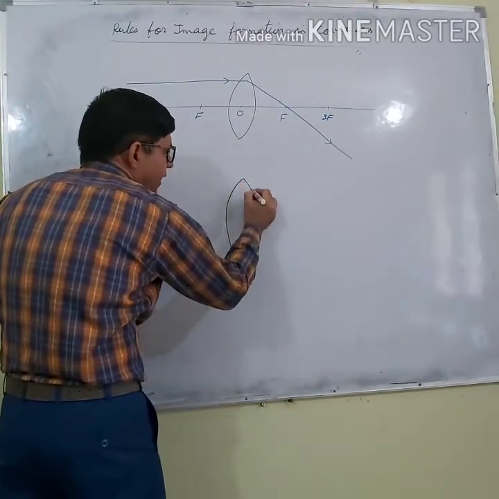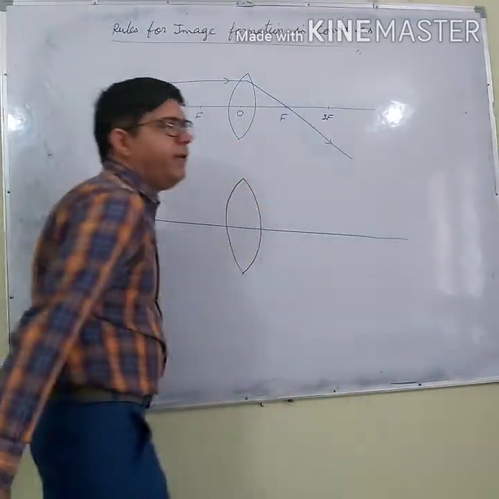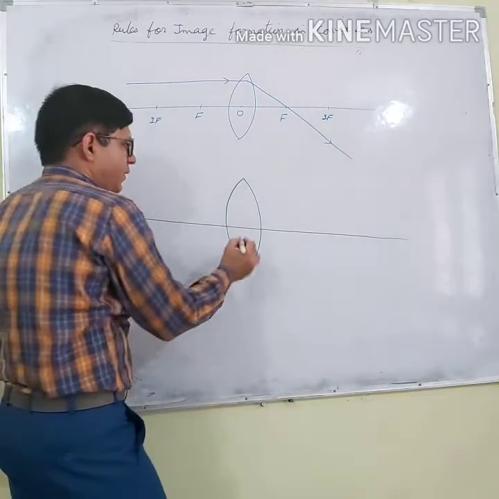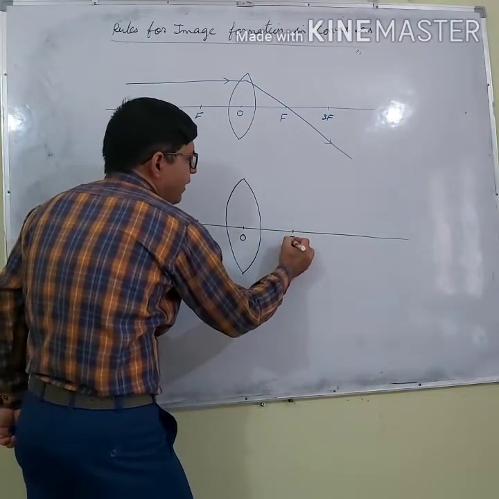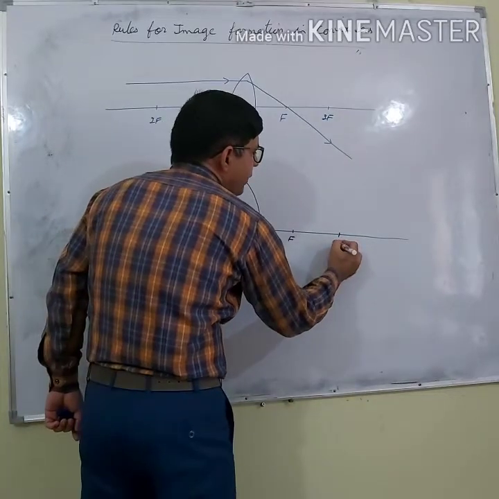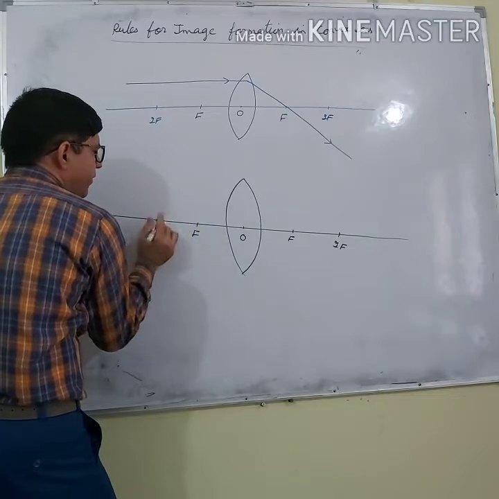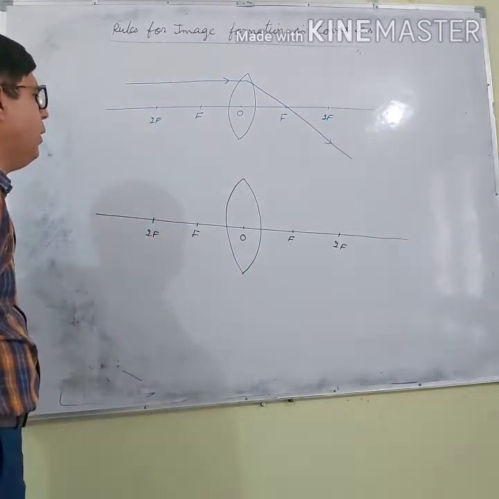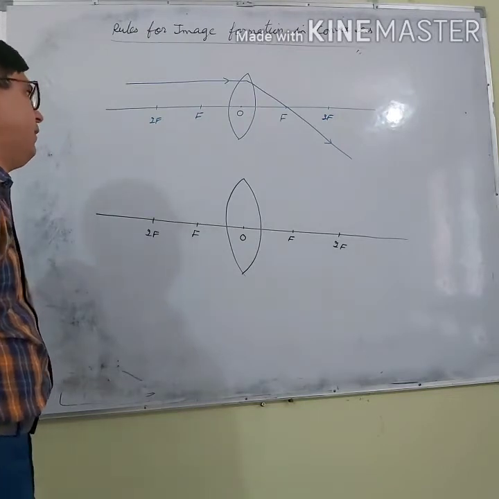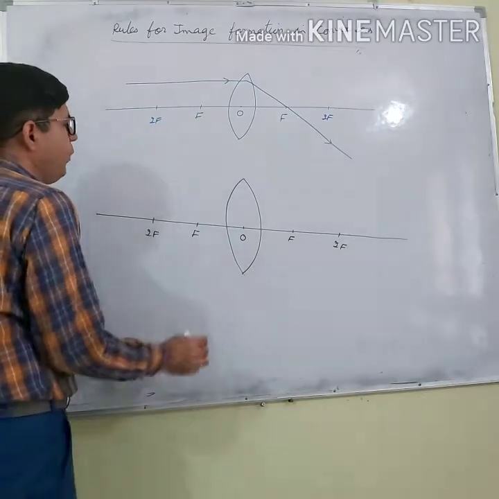And what is the second rule? Second rule is that, let us say again we are having a convex lens. This line is principal axis. This point is optical center. At 3 cm mark F. At further 3 cm mark 2F. At 3 cm mark F. And at further 3 cm mark a point 2F. Now, what will happen? What is the second point?